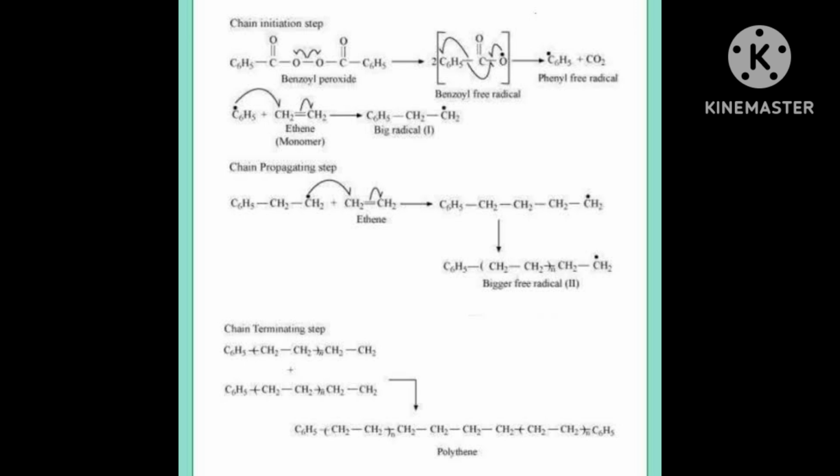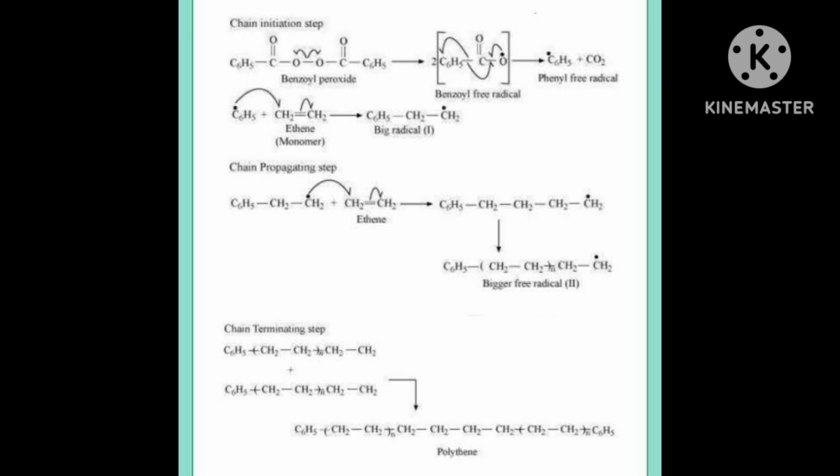Means in the middle OO is there, and on both sides C6H5CO is there. C6H5CO is joined with one oxygen, and on the other side another C6H5CO is joined with another oxygen. This is actually called benzoyl peroxide.